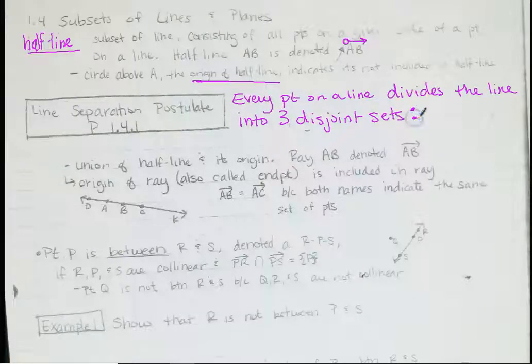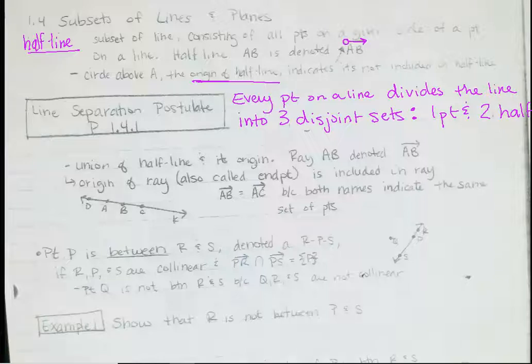It divides it into 1 point and 2 half lines. So every point on a line divides the line into 3 disjoint sets, 1 point and 2 half lines.